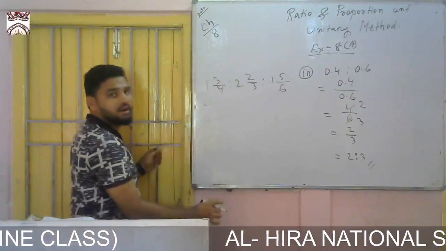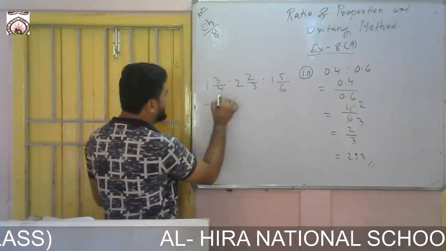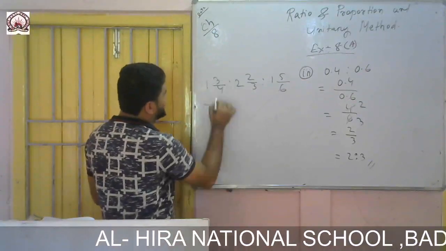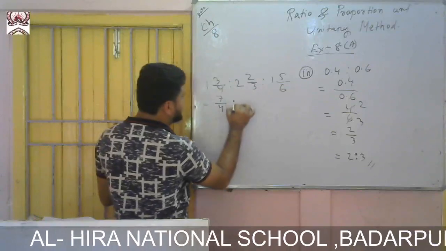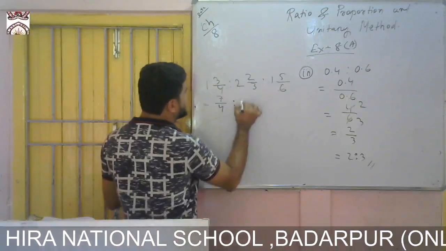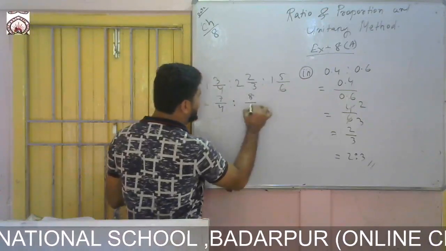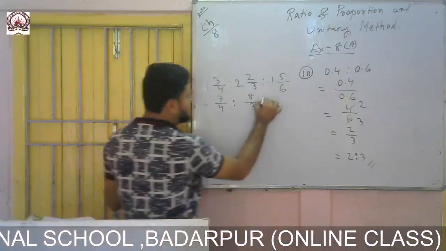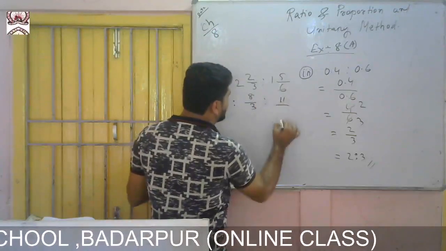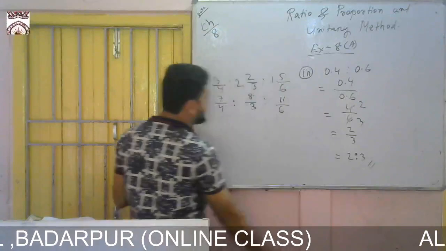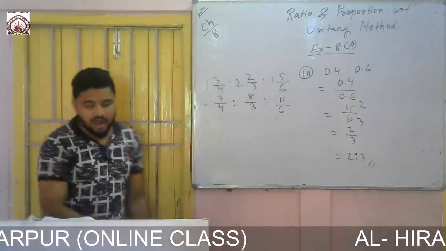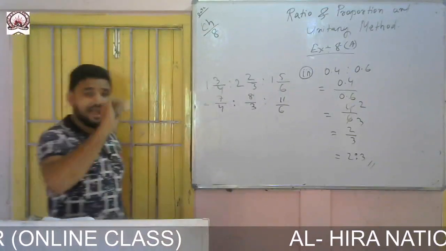So 4 ones are 4 plus 3, 7 by 4. Then 2 3s are 6 plus 2, it is 8 by 3. Then 6 ones are 6 and 5, 11 by 6. Now we shall take the LCM of them.